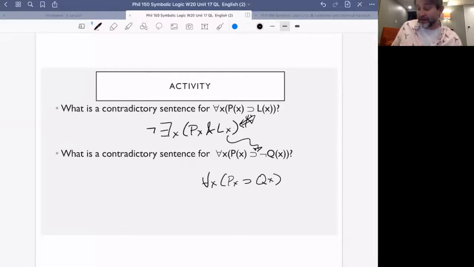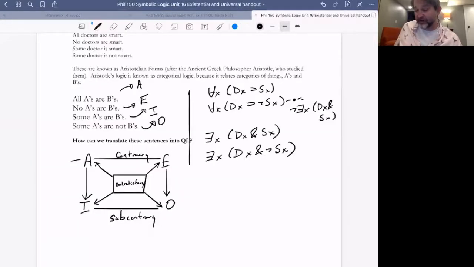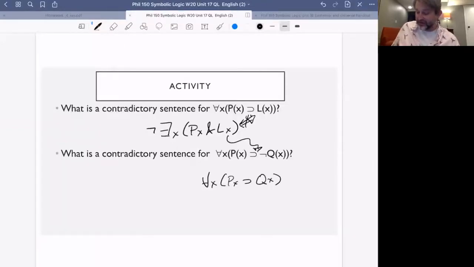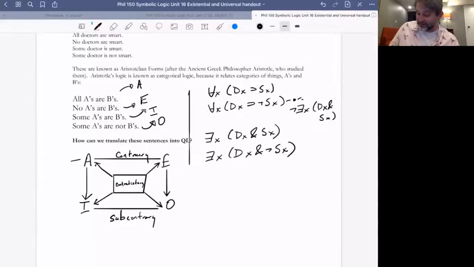And here what we've got, again, is the Aristotelian square of opposition at play. So in getting from this, for all x, Px then Lx, to not there exists x, Px and Lx, we're moving from A to O. And then obviously it's the same in the other direction.